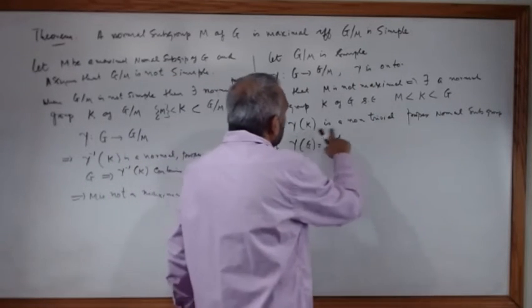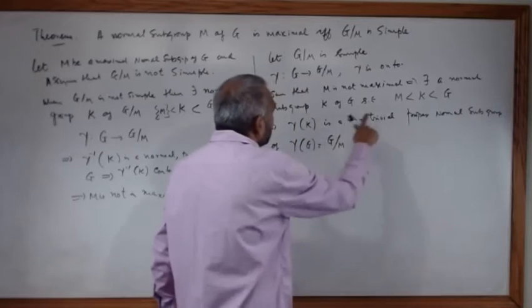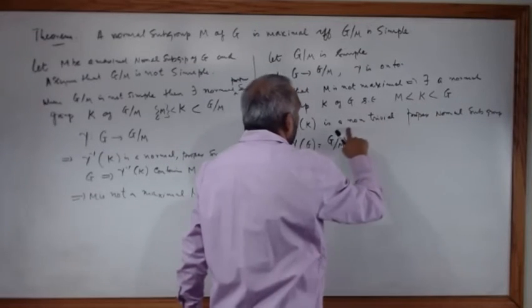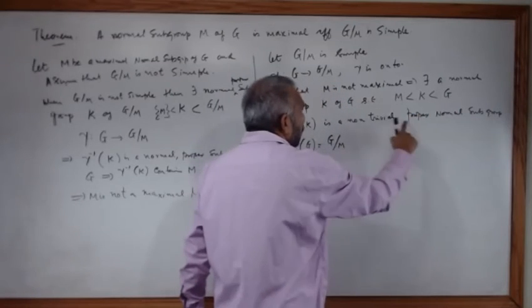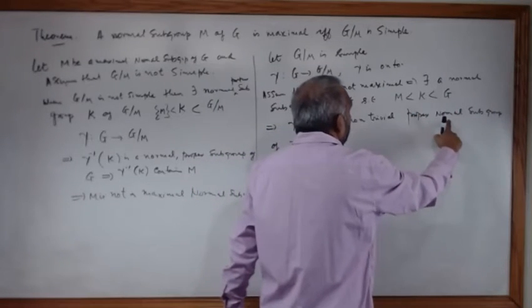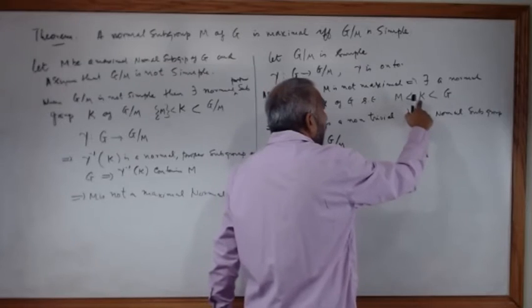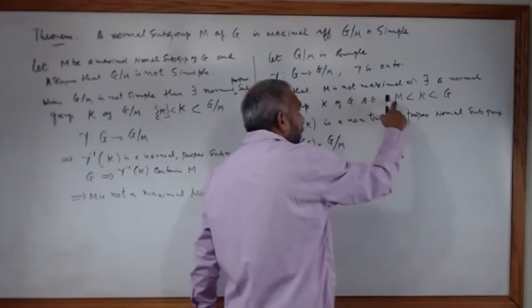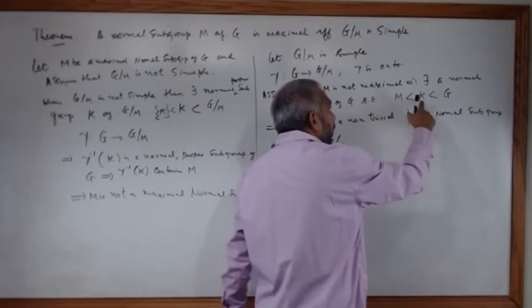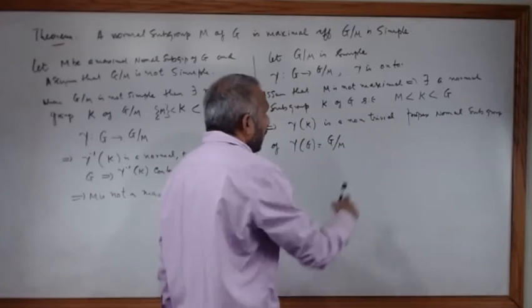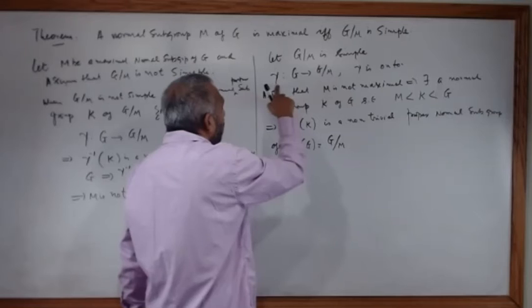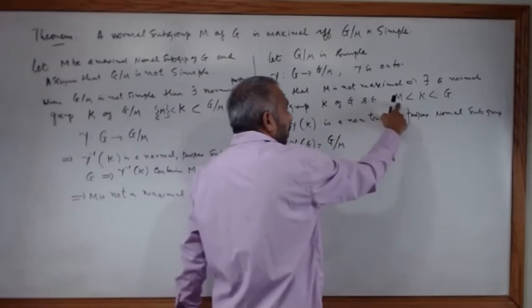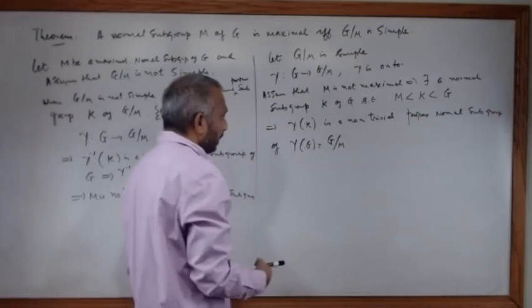This is non-trivial because it's a proper subgroup of G. Proper normal subgroup because M is a proper subgroup of K, and K is normal. A homomorphism preserves normality because that's what we proved earlier.